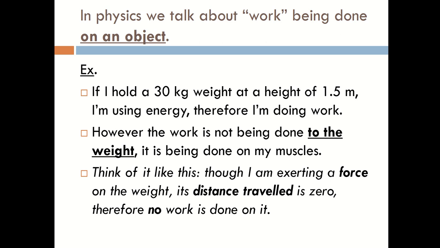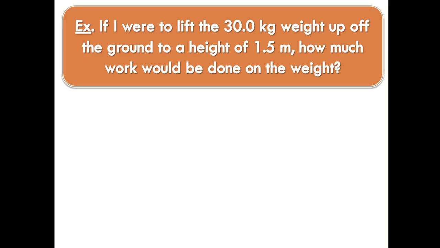Now, how would you calculate the amount of work that's been done on this weight? Here's our example. If I lift it up from the ground, I had to counteract the force of gravity, so the force applied here is going to be equal to the force of gravity. Whenever you have to lift something from the ground against gravity, we're going to have the following definition for work.